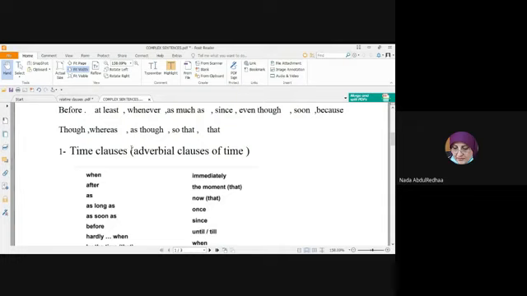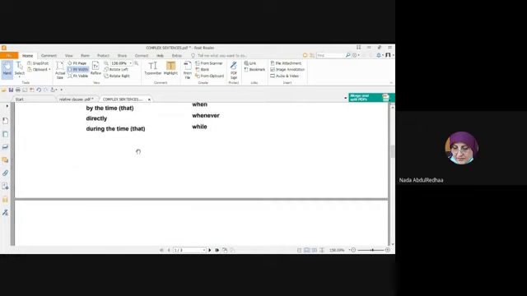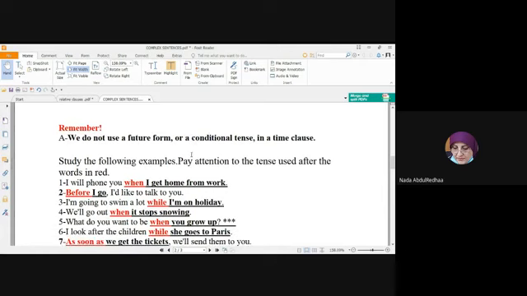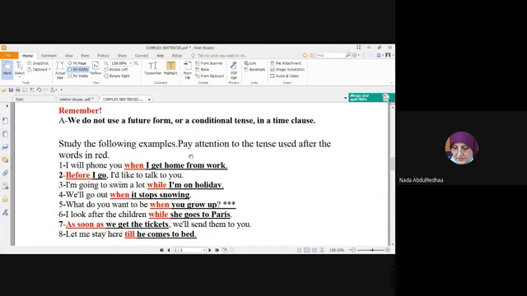Now, we don't use a future form or a conditional tense in a time clause. Within the dependent clause, we don't have such a structure. Which structure? The future form. I gave you examples, and I want you to study them. For example, I will phone you when I get home from work.